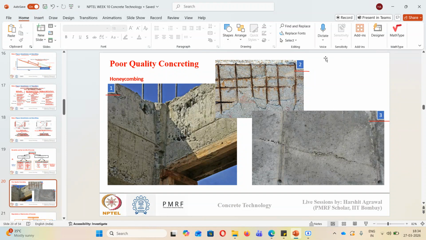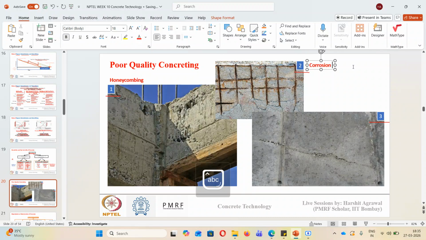Based on the severity of the exposure condition, that cover thickness may not be adequate to serve a concrete life of 100 years, because corrosion occurred way before the expected time, and that led to spalling and delamination of the concrete cover. How this happens and what corrosion is, we'll discuss later, but this degradation is due to corrosion of embedded reinforcement.